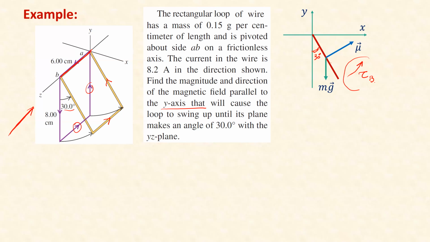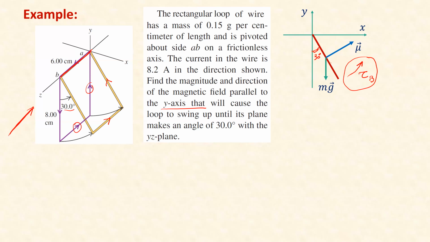If we want the rotation to be in this direction, what is the direction of the torque? I just said you can use the right-hand rule. If you put 4 fingers in the direction of rotation, then your thumb shows the direction of the torque. So what do you think the direction of torque is?